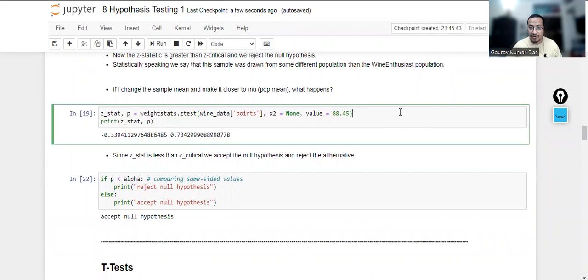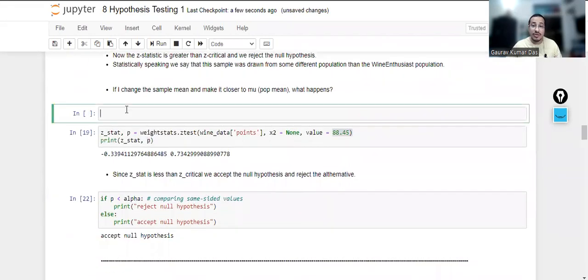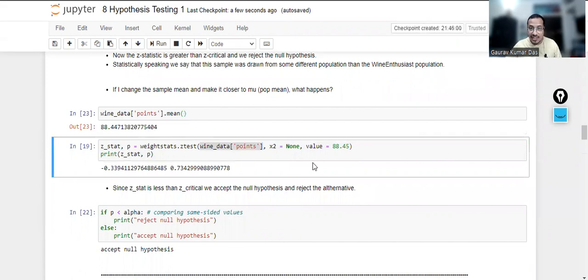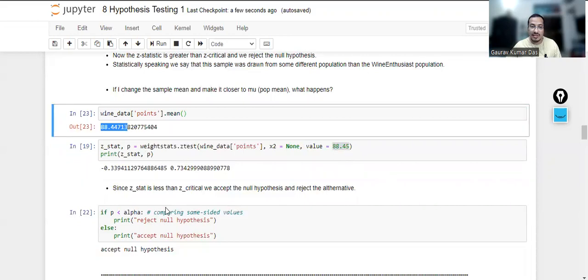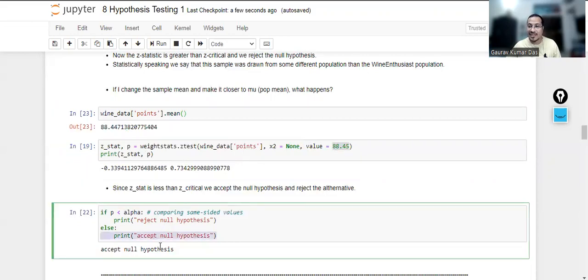Now, why? Because my sample mean is 88.45, right? What about my population mean? Let's say my population mean was this, X.mean. This was the population mean, and you can see here, as the sample mean is closer to the population mean, we can say that my sample actually belongs to the population.